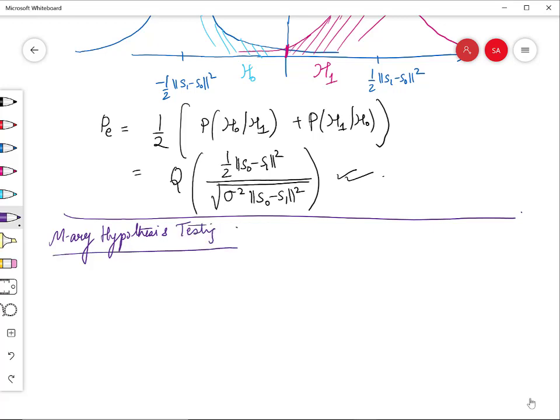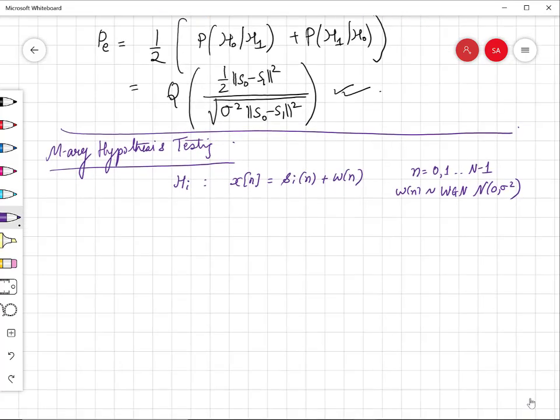So we are going to take our M-ary case, and we can say that under hypothesis Hi, my x of n is equal to Si of n plus W of n. And again we know that n goes from 0 to capital N minus 1, and W[n] is again white Gaussian noise with mean 0, variance sigma square.